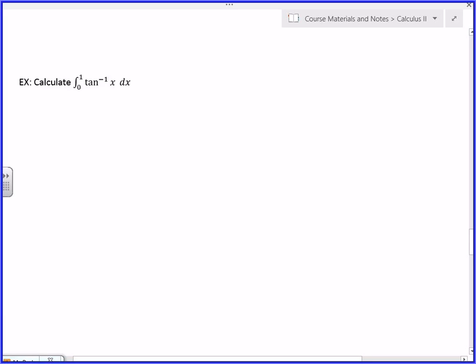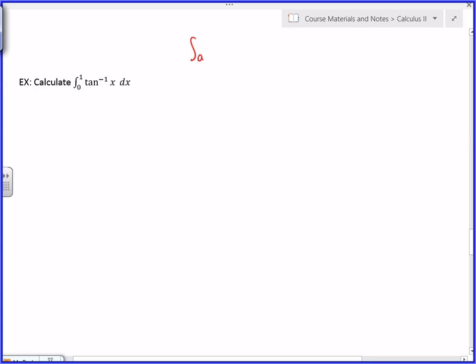Okay, the last one I want to do is make sure you understand how we would handle this should we need to do a definite integral. In fact, I'll probably just have to finish this up. I'll either do it at 11 or I'll do it on Friday. But let me just point this out.